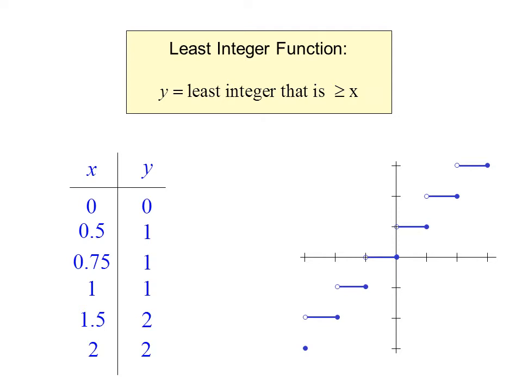Easy to confuse with the greatest integer function. Both functions start with a dot on the origin, but the first line segment on the greatest integer function goes to the right, is greater. The first line segment on the least integer function goes to the left.